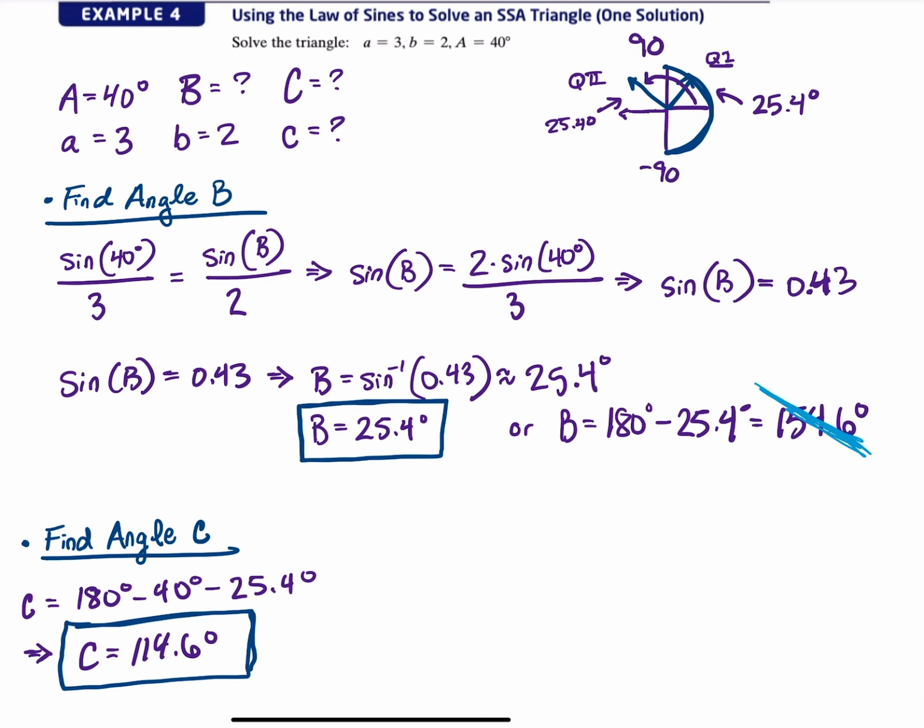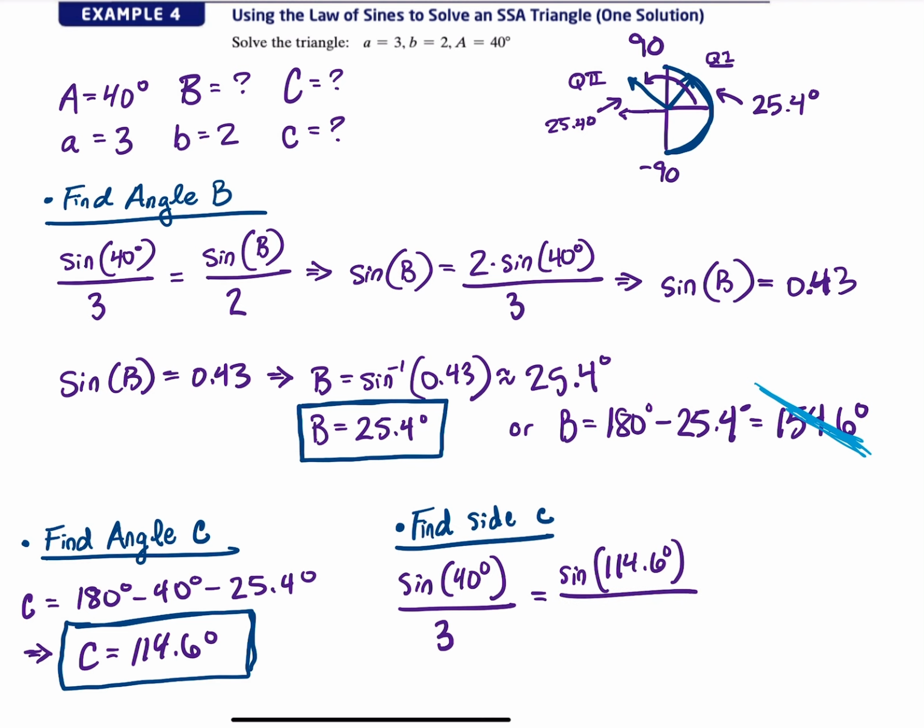So we can relate angle C and angle A. So we can say the sine of angle A, which is 40 degrees, over side length A, which is 3, should equal the sine of angle C, which we just found to be 114.6 degrees, over our unknown side length C. So a little bit of rearranging should get that C is equal to 3 times the sine of 114.6 divided by the sine of 40 degrees.